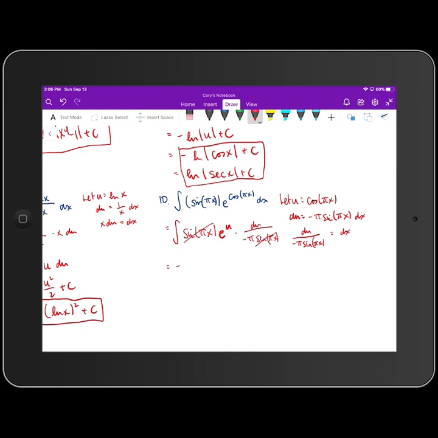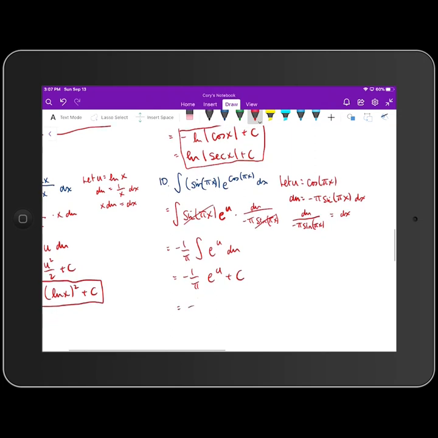I can pull negative 1 over pi out front, and this becomes the integral of e to the u power, which we're integrating with respect to u. So we have our integral written in terms of u and du like we want. And then the antiderivative of e to the u is e to the u power plus c. And then the last thing we do is replace u with the cosine of pi x.